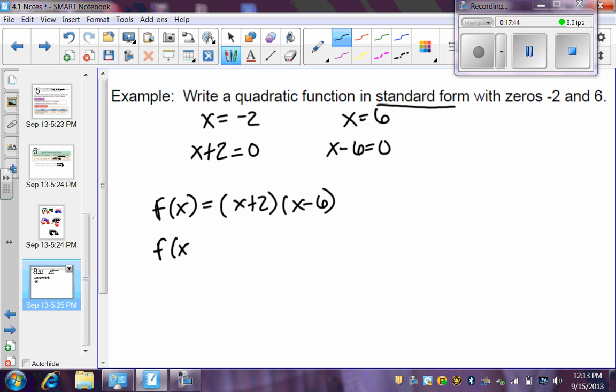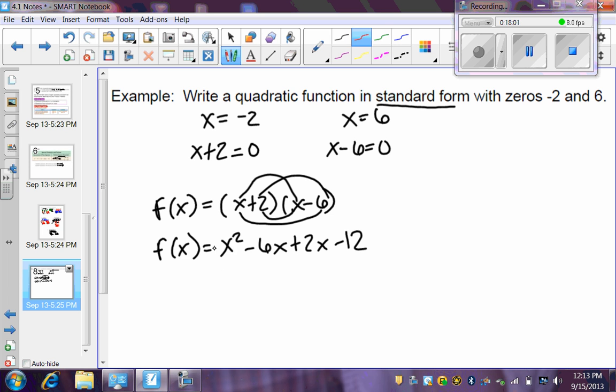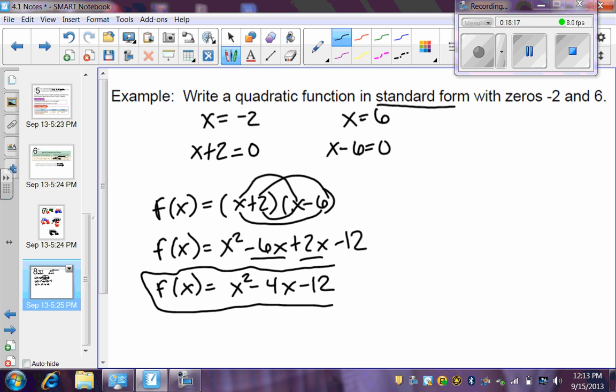So that gives me f of x equals x times x is x squared. x times -6 is -6x. 2 times x is positive 2x, and 2 times -6 is -12. And then last step is to collect like terms. So -6 and positive 2 make -4. And so there is your quadratic function in standard form.